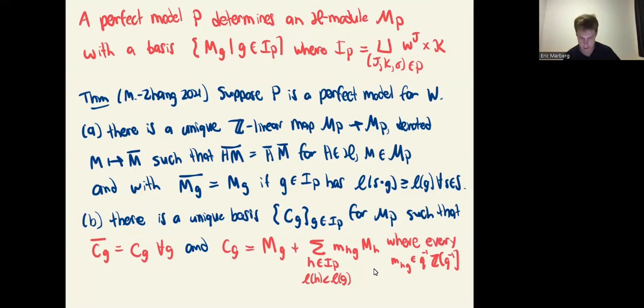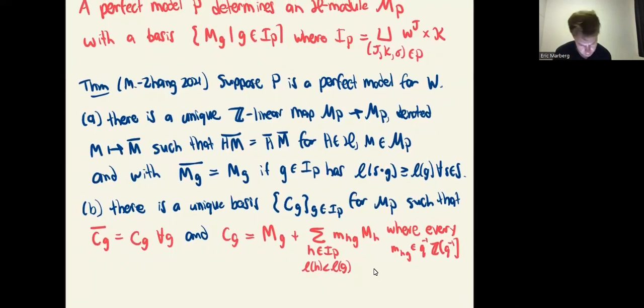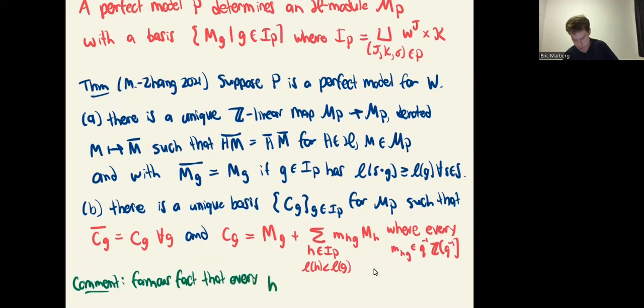So we have this analog of a canonical basis. And I'll just comment, well, it's a famous and recent fact that every HYW is actually in Q inverse times N of Q inverse.